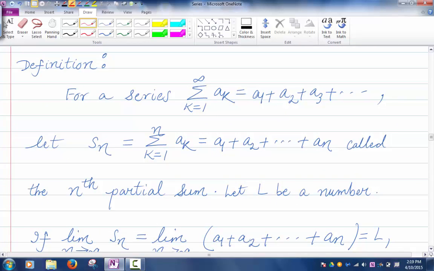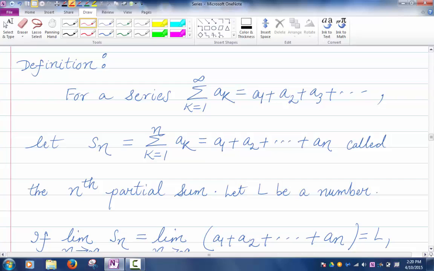So finally, we have a good definition of what it means to say that a series has a sum equal to something. You have to have a good definition of what you mean when you say that a series has a sum. Well, this is what we mean.